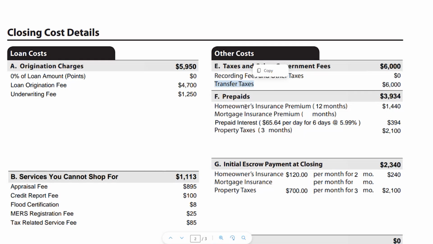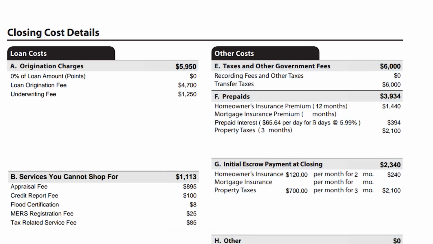Now, next section is called prepaids. Prepaids is something that you pay at closing, not really your closing cost, but you pay at closing for taxes. Then this one is very interesting. This is for 6 days. This is the mortgage interest.